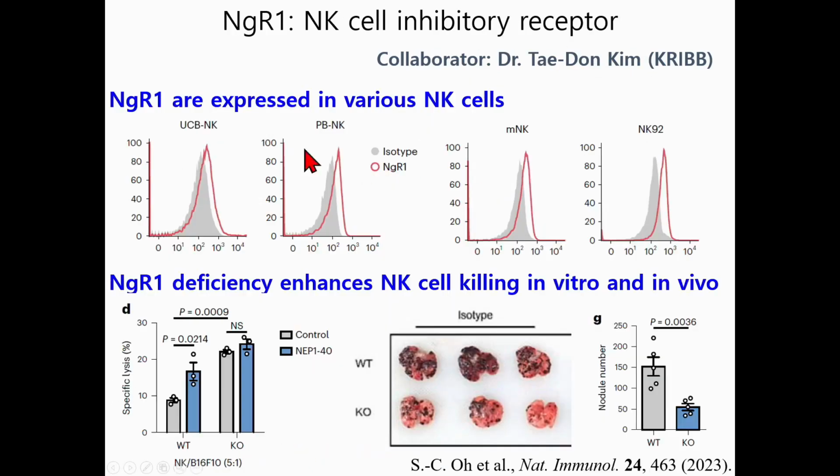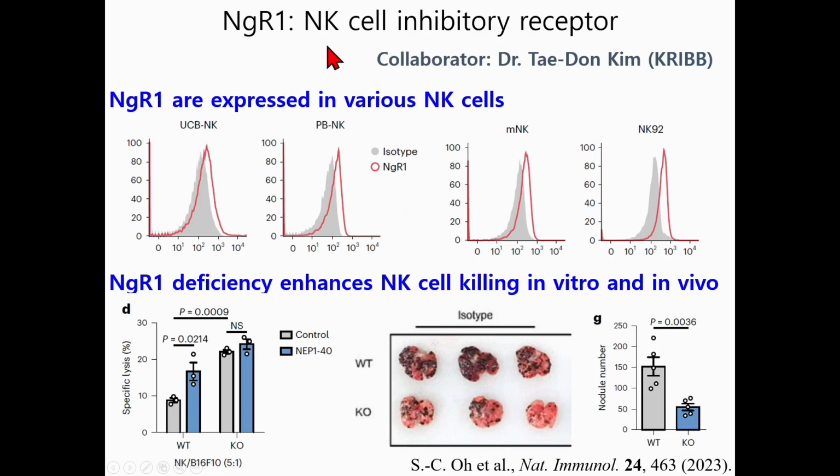He checked whether NK cells express NOGO receptor 1, and he found that cord blood NK, peripheral blood NK from human, mouse NK, and NK92 cells all express NOGO receptor 1. He made a knockout mouse and challenged the mouse with B16 by tail vein injection to let them undergo lung metastasis, and found that in the knockout mouse there was much less metastasis.